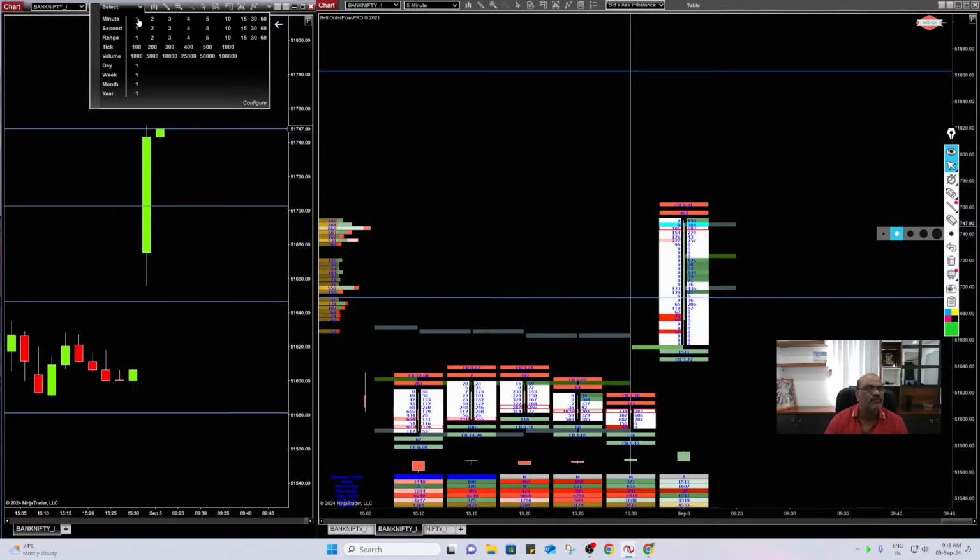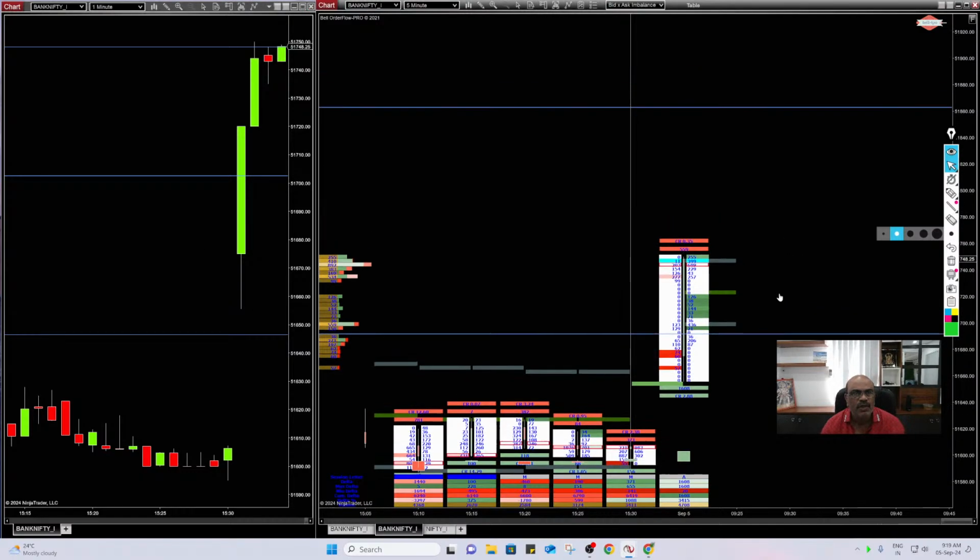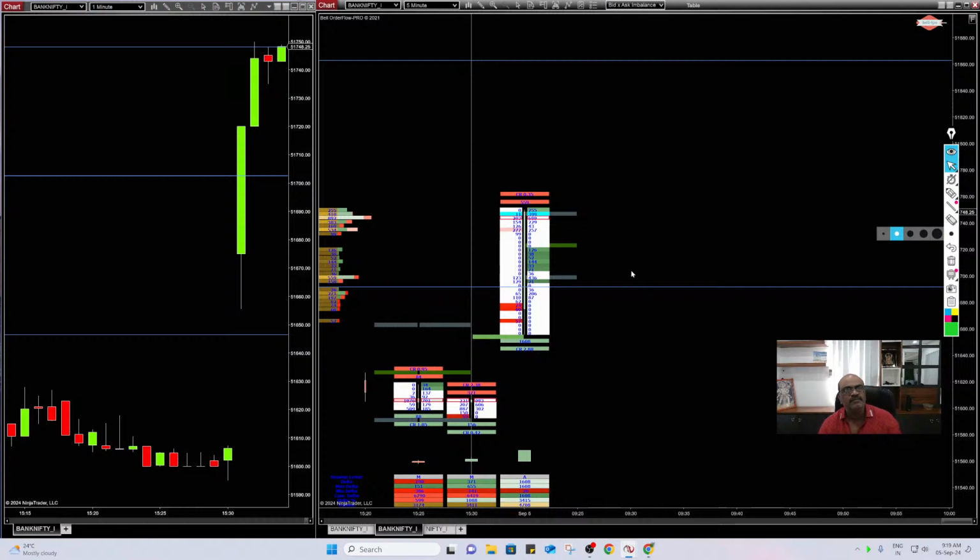I want a little bit of pullback to take position. So I am waiting for that pullback. However, the pullback can come in the next 5-minute candle also. So I will wait a little bit.